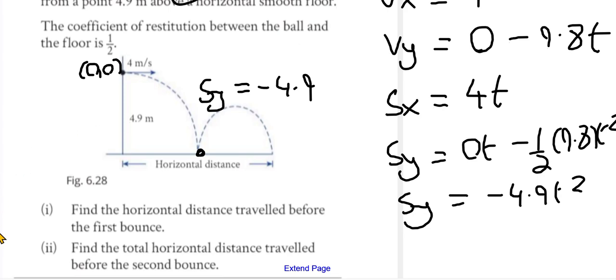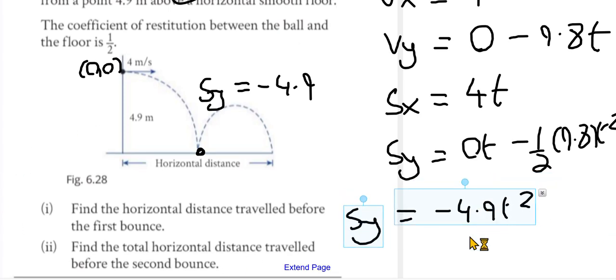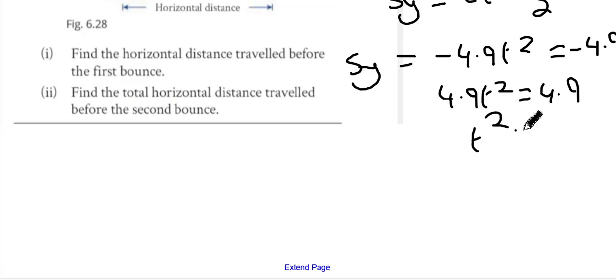So I'm going to put the s y equation here, equal to minus 4.9. And I'm going to magic wand this, which means multiply both sides by minus. So I'm going to get 4.9 t squared equals 4.9. And then t squared equals 1. Therefore, t equals 1. Takes 1 second to hit the ground.